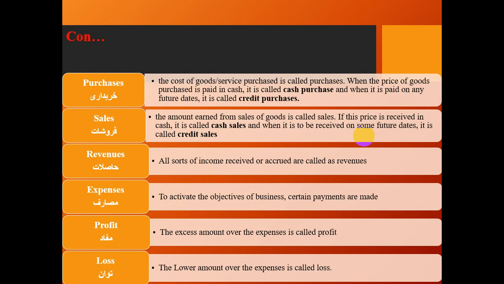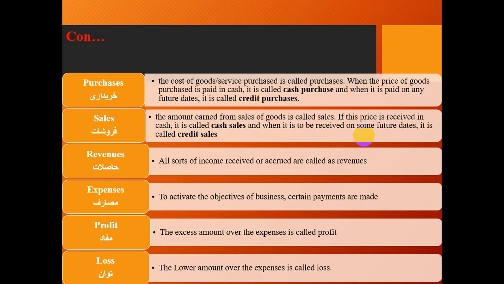The next one is revenue. Revenue, all sorts of income that you are receiving, is called revenue. So any money that you are receiving is called revenue. Next one is expenses.